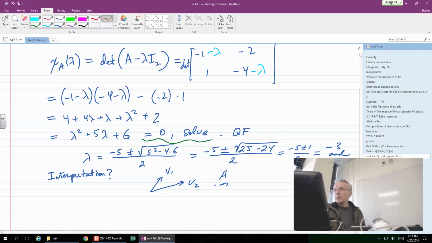It's going to do to it like this. So let me use some fancy colors here. So if this is v1 and this is v2, v1 is multiplied by -3. So negative 3 v1 like this, and the other one multiplied by 2, so this is 2 v2.